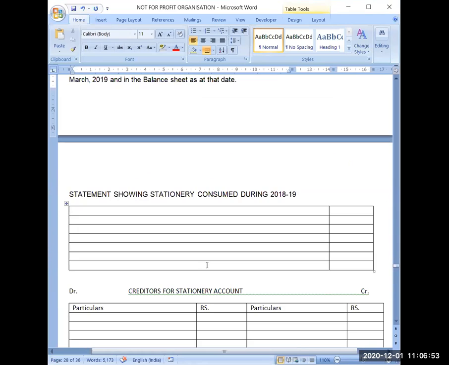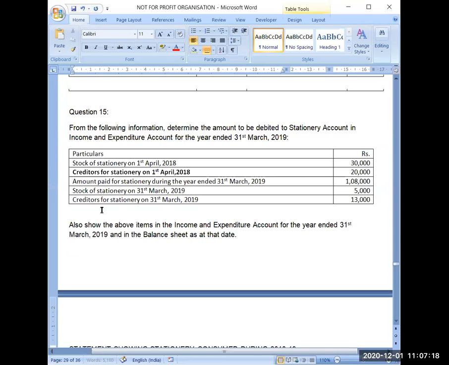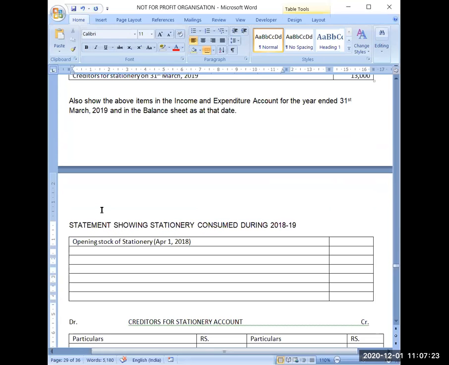So now, statement showing stationery consumed during the year. First we will write here opening stock of stationery, April 1, 2018, and that is 30,000.